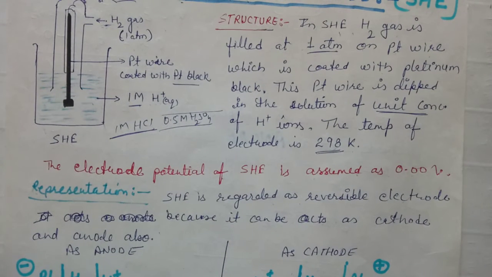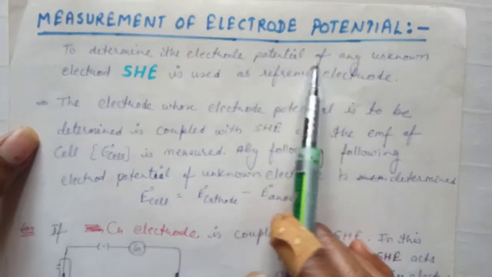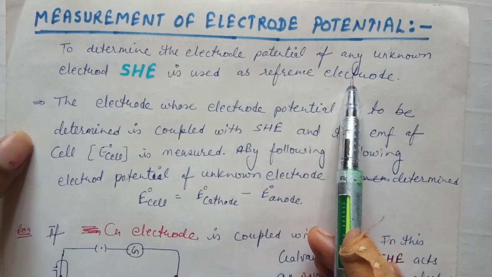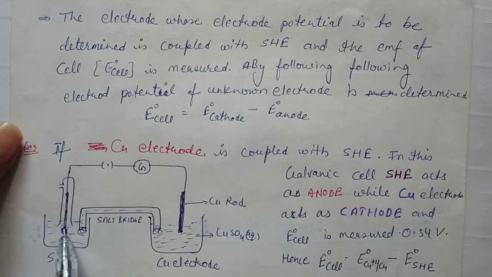Clear? Now we will discuss the measurement of electrode potential. To determine the electrode potential of any unknown electrode, SHE is used as the reference electrode. For this purpose, we have to couple the unknown electrode with the SHE to make a galvanic cell.